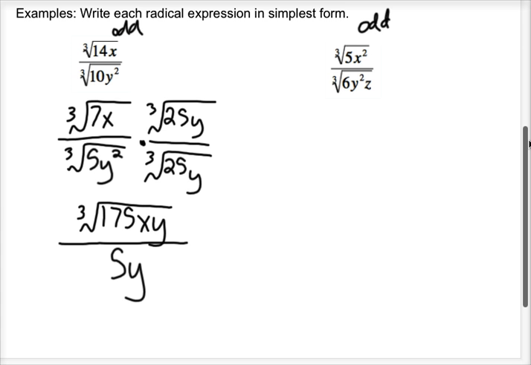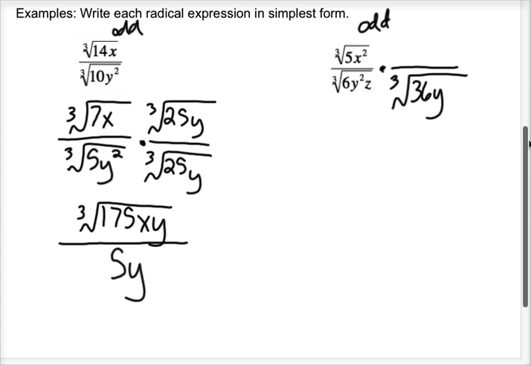So, let's take a look at what is missing from the bottom. So, I have a 6 there. Well, that means what's missing is 2 more 6's. So 6 squared is missing. I've got a y down there. Well, to complete the cube, that means I need another y, so I can get up to 3.